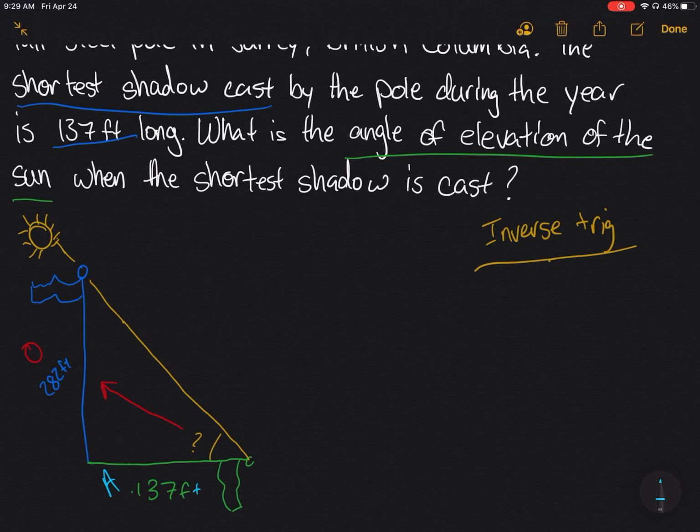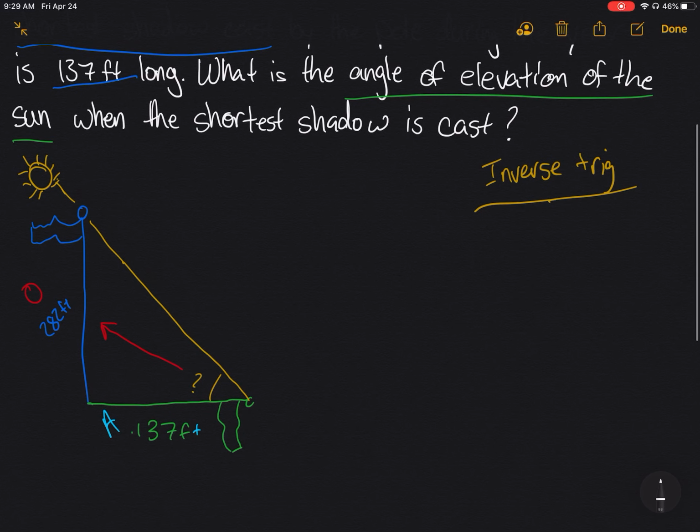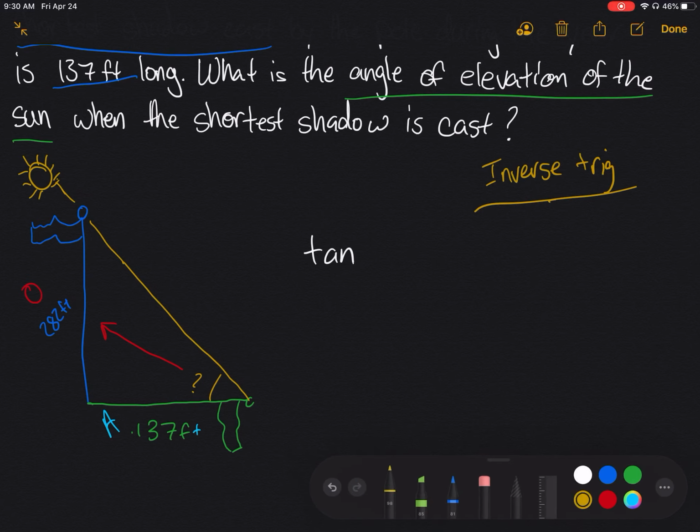And so if I have the opposite and I have the adjacent, then what I care about is tangent. I can't use sine because I don't have a hypotenuse. I can't use cosine because I don't have a hypotenuse. Tangent is the only thing that relates the opposite and the adjacent sides. So let's start to write out what we have. Well, I've got the tangent of some angle that I don't know yet.